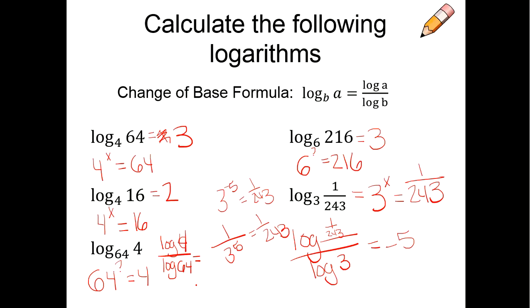And what are we going to get? It's going to be like 0.333, aka 1/3, right? So 64 to the 1/3 power equals 4, which remember, 1/3 power is the cube root. And the cube root of 64 is in fact 4. So keep that in mind to convert logs.